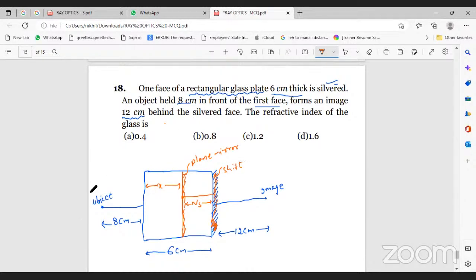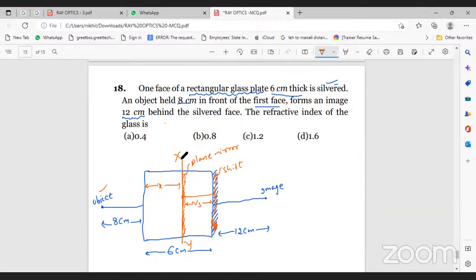So actually for this object, the silver face will appear where? At this point. XY will be the mirror for what? For the object. Are you getting my point? When you polish the bottom surface, that polished surface will get shifted because of the normal shift.